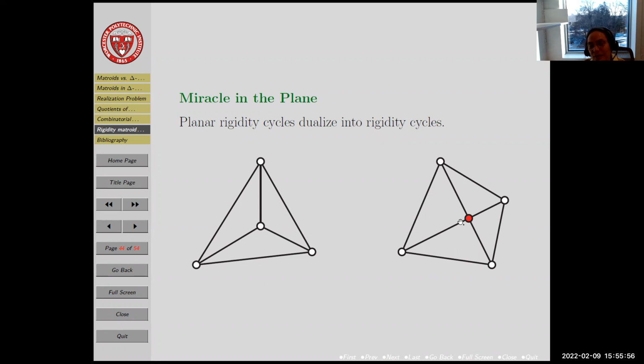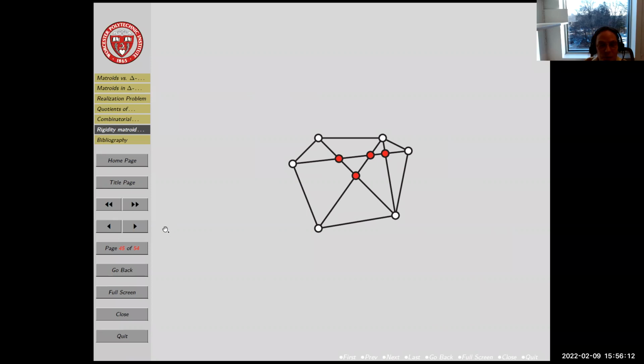And that's a nice exercise in rigidity theory. It's called X replacement. So if 2 edges cross, you put a vertex right there, and you don't disturb the rigidity properties, nor the cycle structure or basis structure of your matroid. So I can do this in various different ways, and I can generate many planar cycles that way.